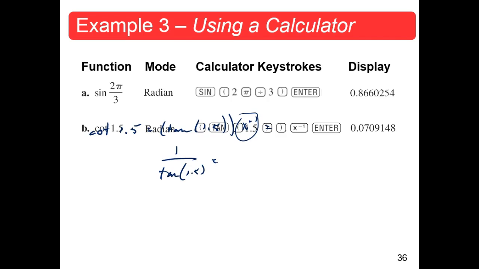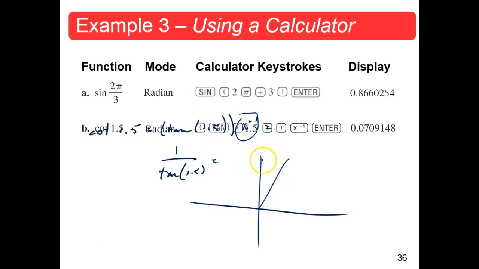Here's what I think when I'm dealing with that. 1.5 radians. Remember, 1 radian is about 60 degrees. It's 56 or 57 something degrees. And 1.5 will be half again that.